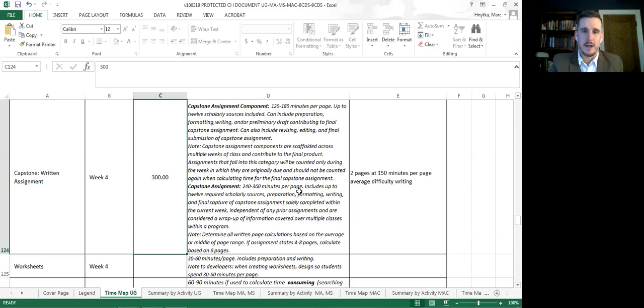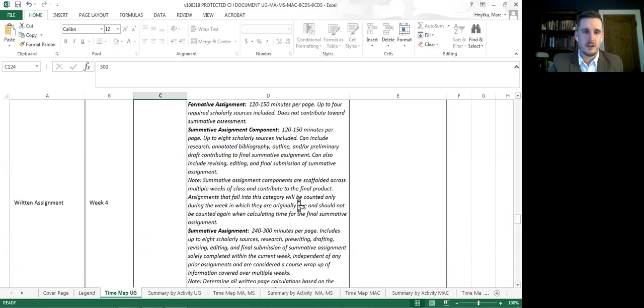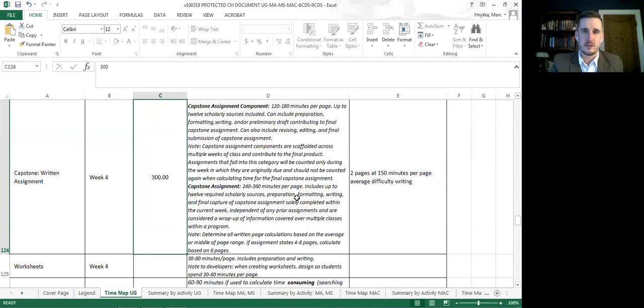So as you can see under this capstone written assignment, it is listed at 120 to 180 minutes per page. That's to give you a little bit of flexibility to adjust for the difficulty of the content and the writing. And then also you could go higher in the minutes if you're using more than 12 scholarly sources, which is included.